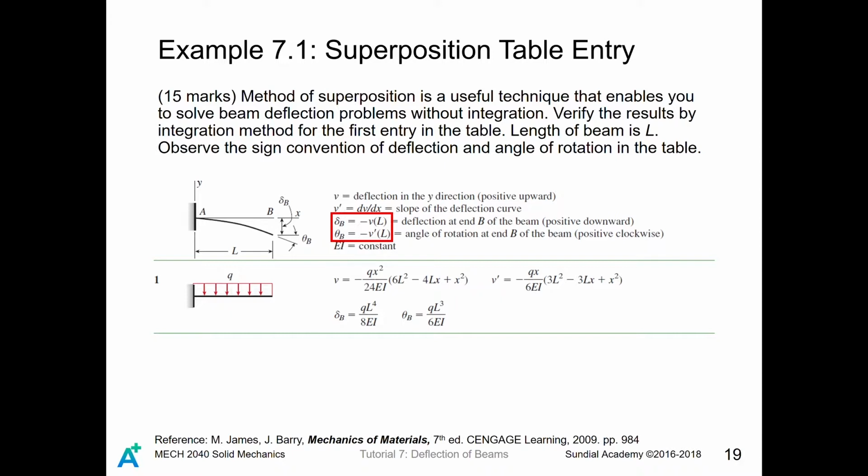So the first problem we are dealing with is a cantilever beam with a uniform distributed load of intensity Q exerted on it. The major results to verify include the deflection curve, the deflection at the end, the angle of rotation, as well as the angle of rotation formula.